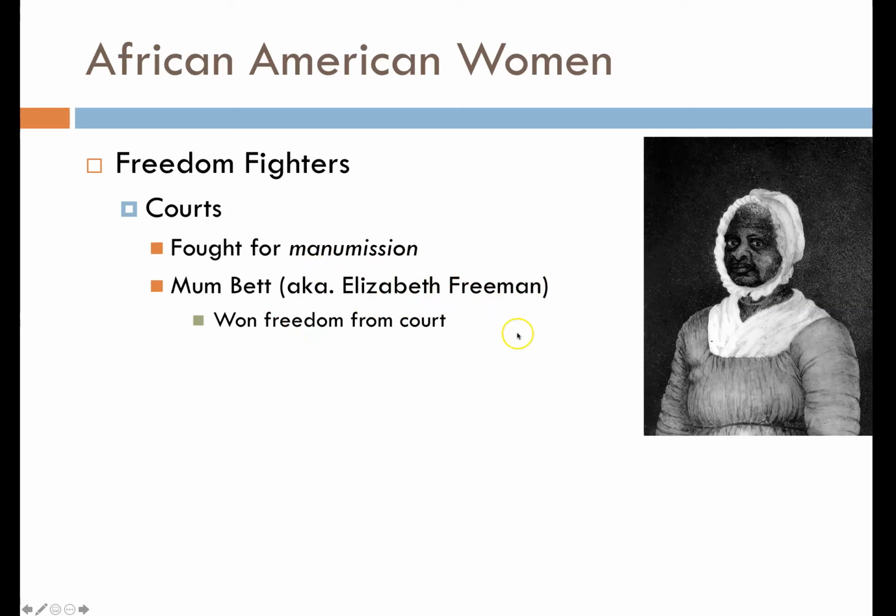You see, their last names address their social standing, where she was able to get her freedom through the court system. We find that in the North, they began to implement emancipation during the American Revolution.